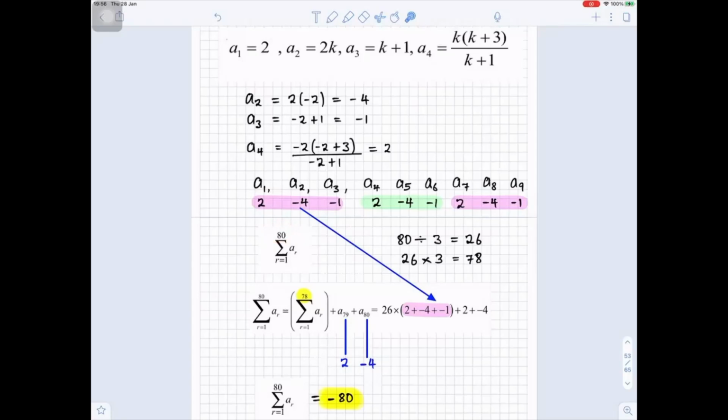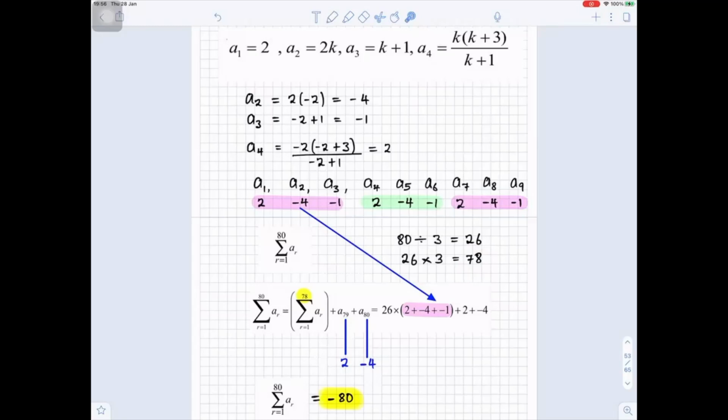We want to go up to 80. That means it's going in groups of 3, but how many 3s go into 80? So 80 divided by 3, you get 26, remainder 2, because 26 times 3 is 78.